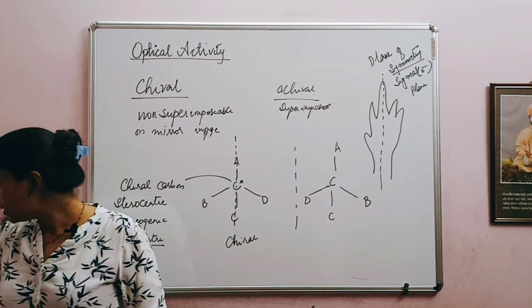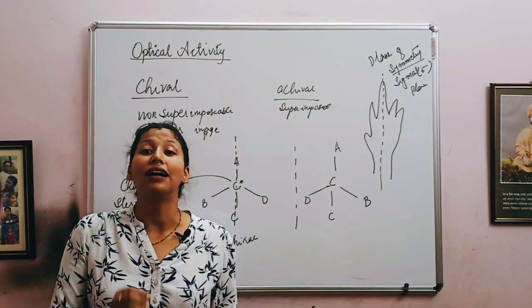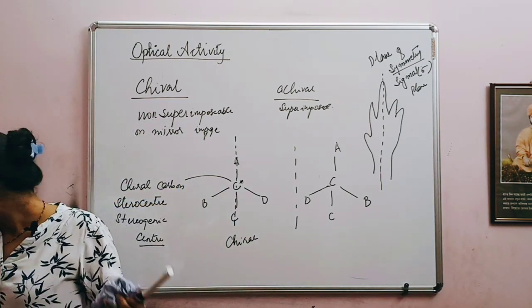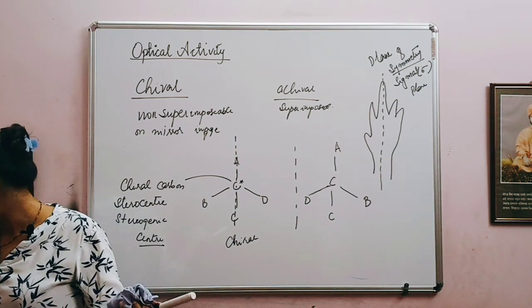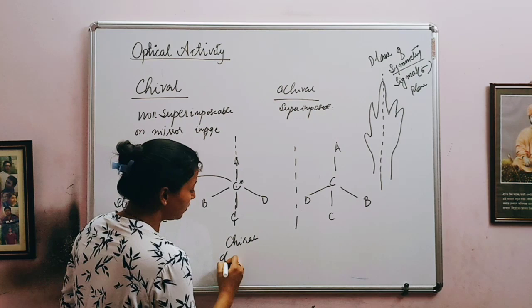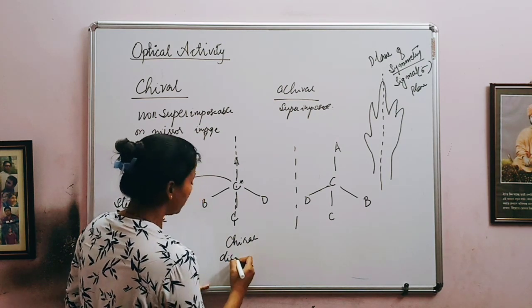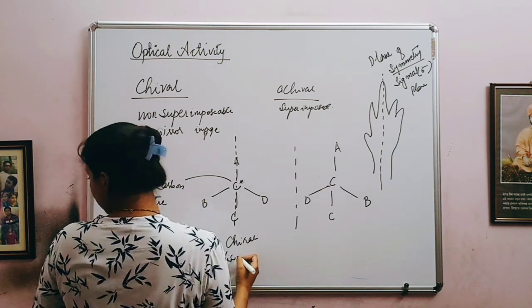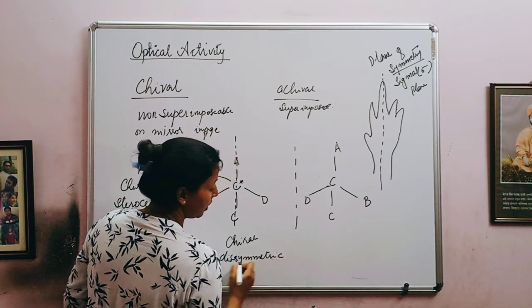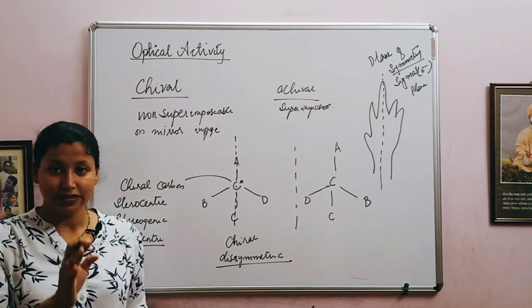The chiral molecules do not have any plane of symmetry and are therefore called dissymmetric. D-I-S-S-Y-M-M-E-T-R-I-C. Chiral molecules are dissymmetric.